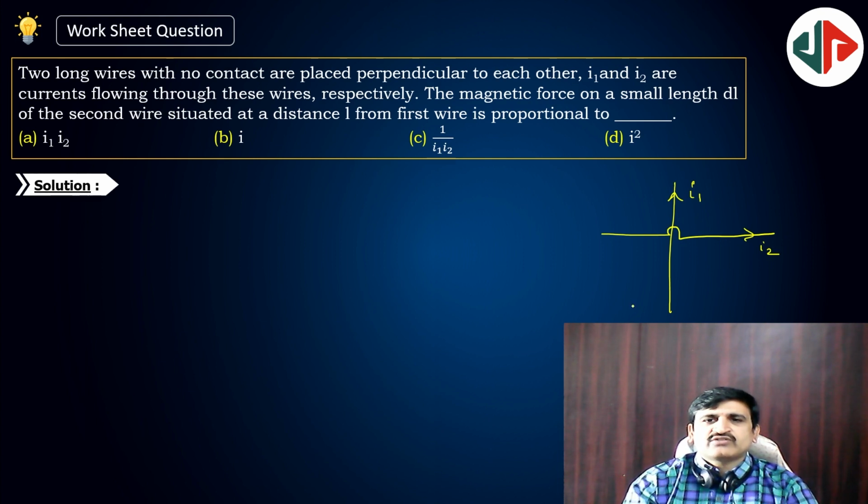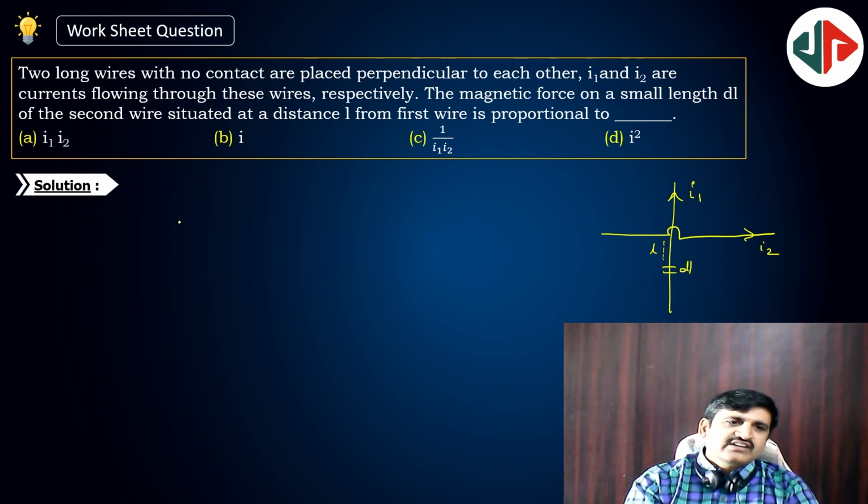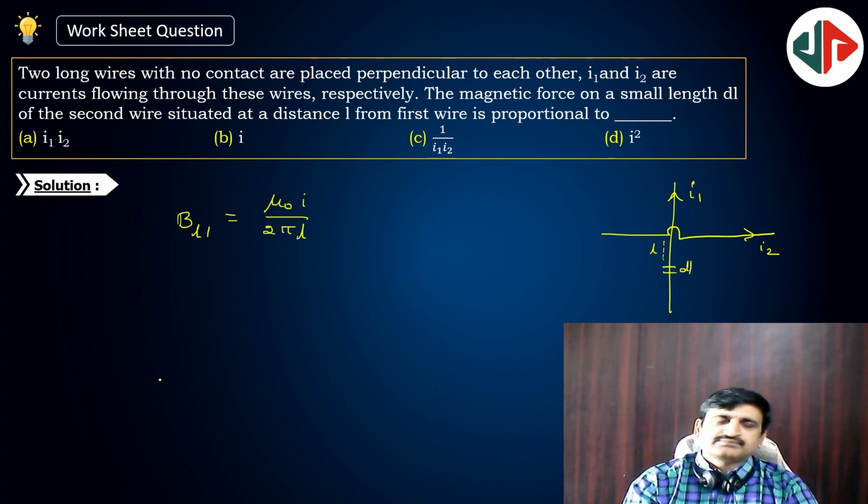The magnetic force on a small length dl of the second wire, situated at a distance L from the first, is proportional to what? At a distance L, what is the magnetic field due to wire 1? That is mu naught I by 2 pi r, so 2 pi L will come.